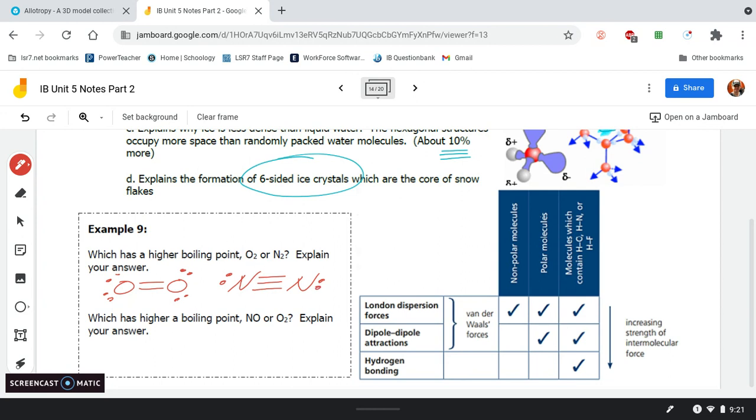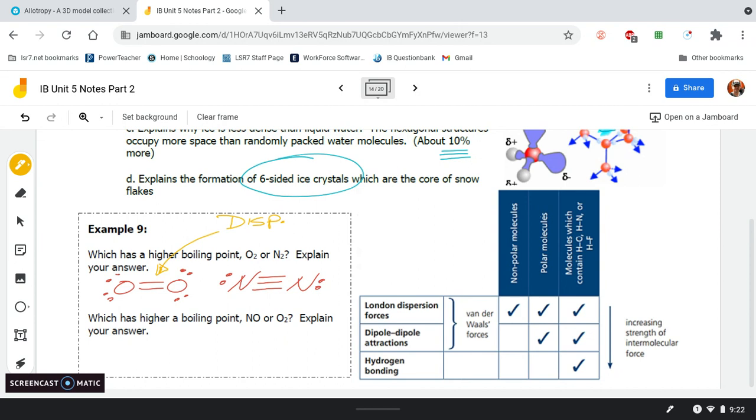Okay, we check for each force. So what forces is oxygen going to have? It's made of nonmetals, so it gets dispersion. Dispersion's a yes. That's not polar, so it does not get dipole.